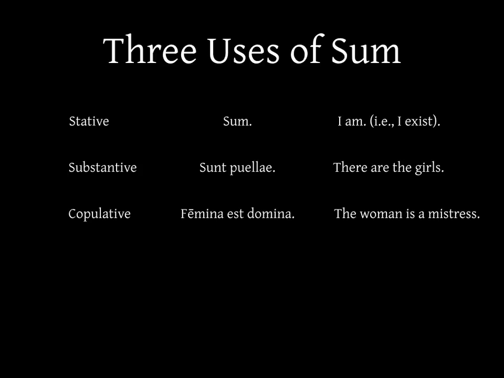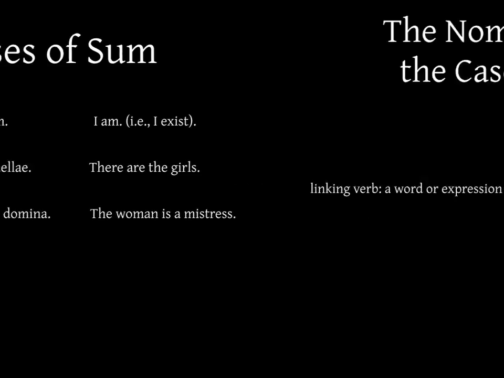So femina est domina means the woman is a mistress. So we're connecting those two ideas. We're saying, here's this woman. We could say est femina, we could say there is a woman. We can say est domina, we could say she is a mistress. And then when we connect those two ideas, we're simply equating them together. Femina est domina. That's the copulative use of sum.